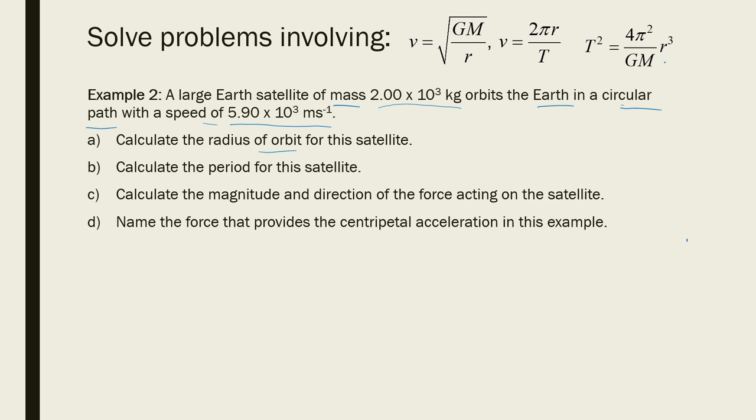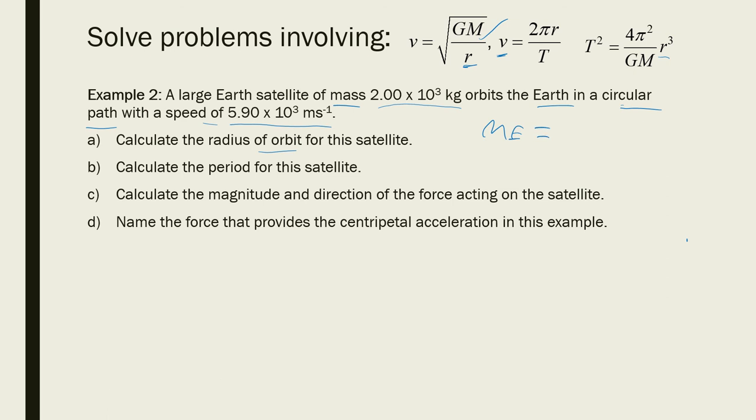So can we use this one? Nope, because we don't have period. So we're going to have to use this one because it has radius. We know the mass of the Earth from the previous slide. What was the mass of the Earth?